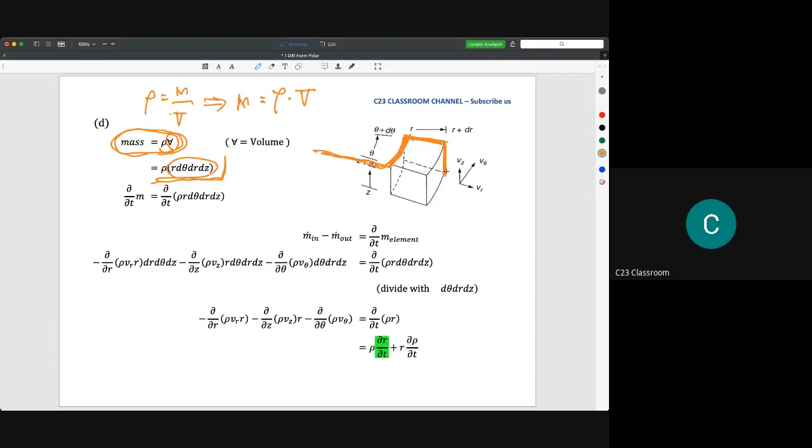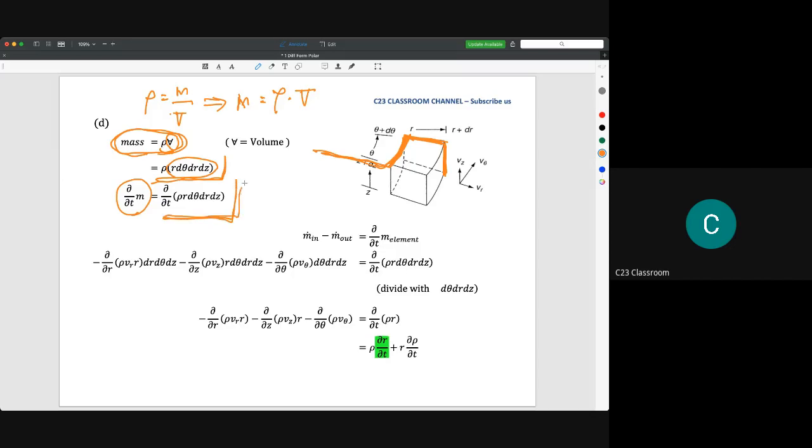So we could calculate the volume of this particle with the idea of calculating the volume of a cube. We just multiply r d theta, dr, and dz to get the total volume. So now we have dm dt. It is now equal to del over dt of rho r d theta, dr, and dz.